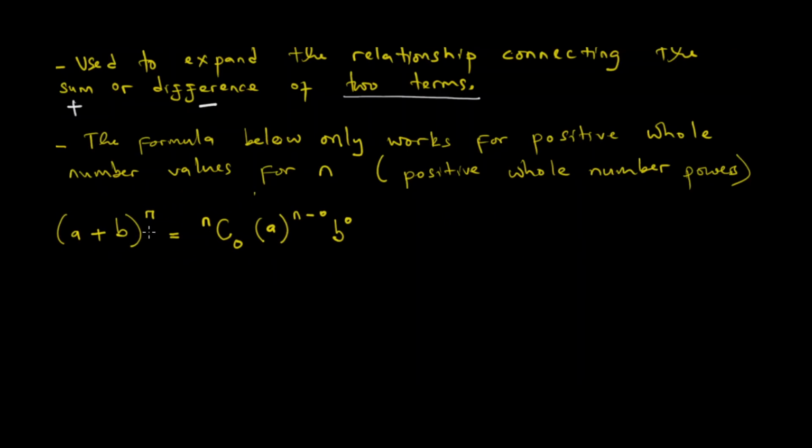So tikuti a plus b to the n is equal to n choose 0, a to the power n minus 0, b to the power 0, plus n choose 1, a to the power n minus 1, b to the power 1, plus n choose 2, a to the n minus 2, b to the power 2, plus and so forth. So this is the formula you're expected to know.